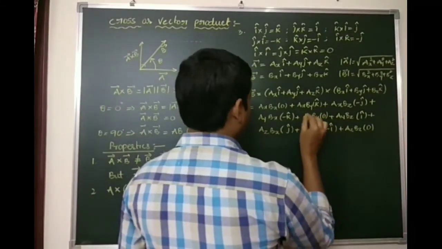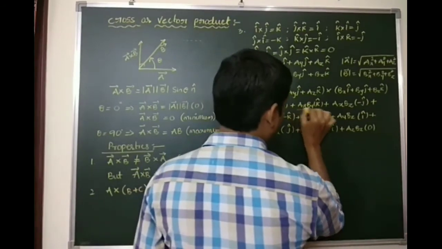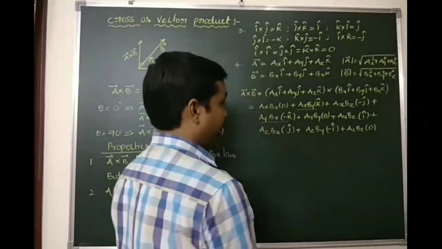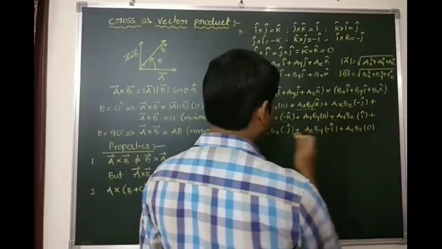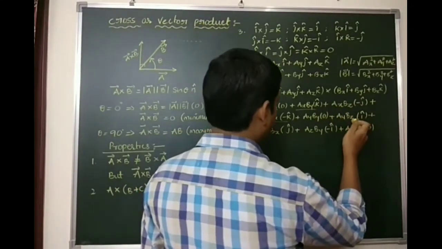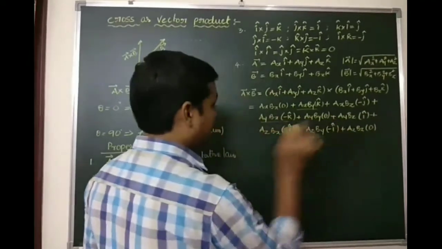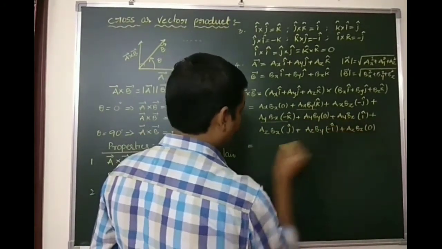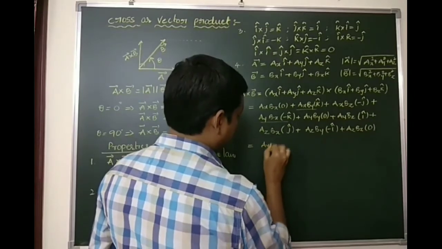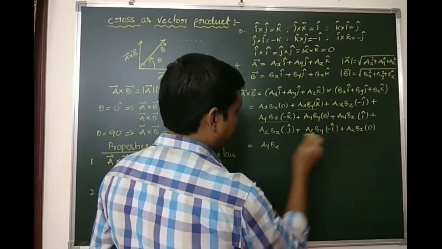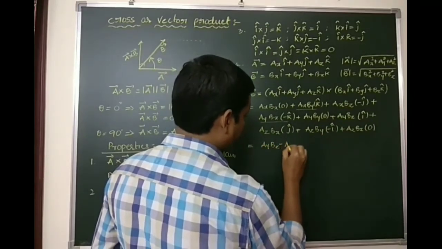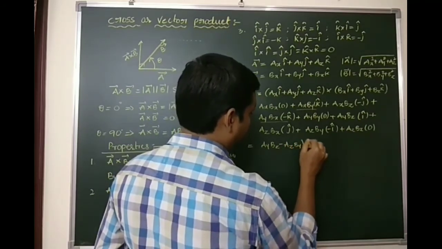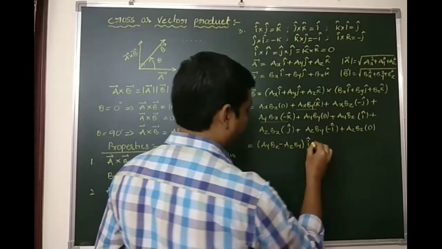Here we can take common terms. K we can take common, here j and j, i and i. Combine together, I'll write i first: (Ay Bz minus Az By) into i cap.